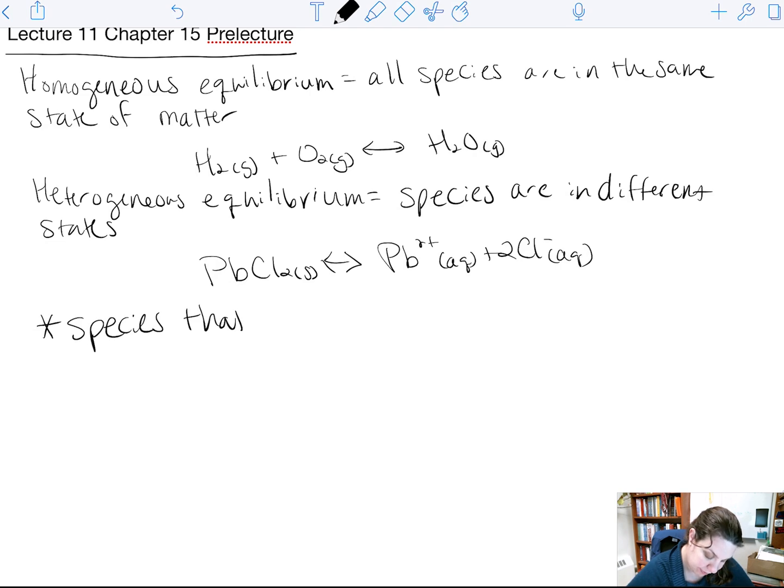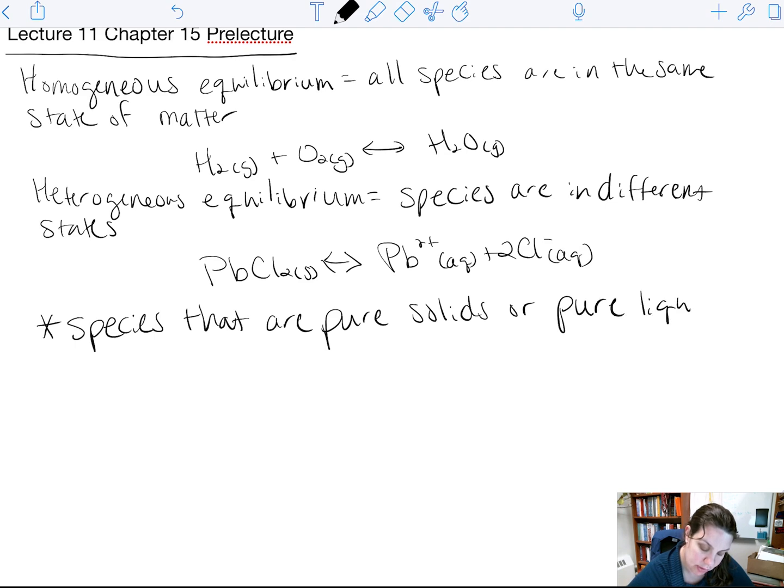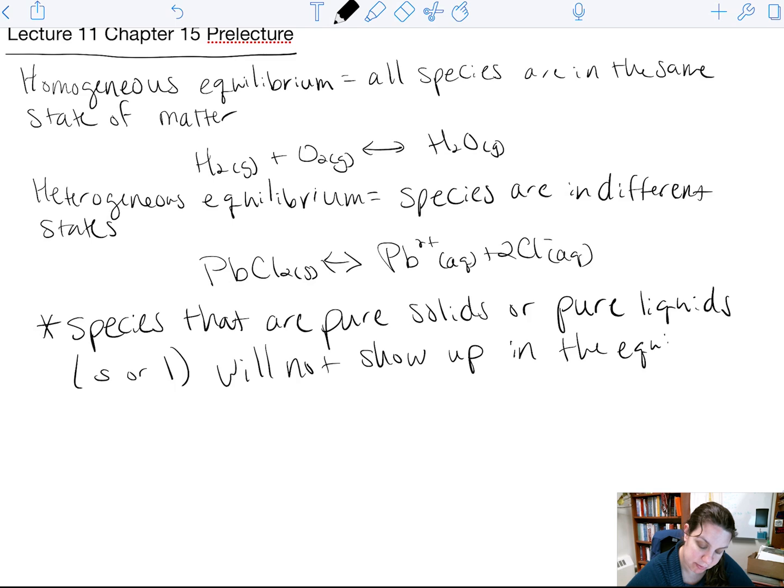So species that are pure solids or pure liquids, so those that have an S or L as a subscript in parentheses, will not show up in the equilibrium constant expression.